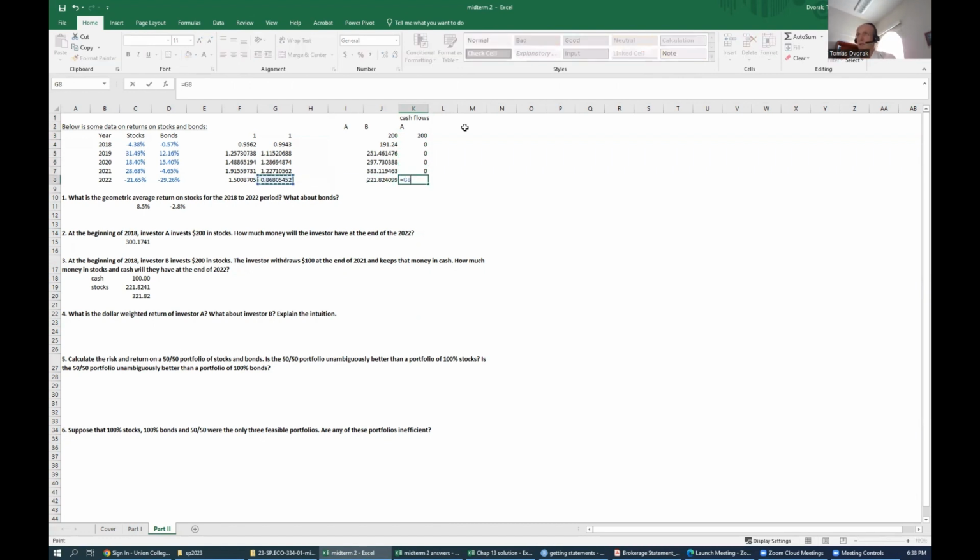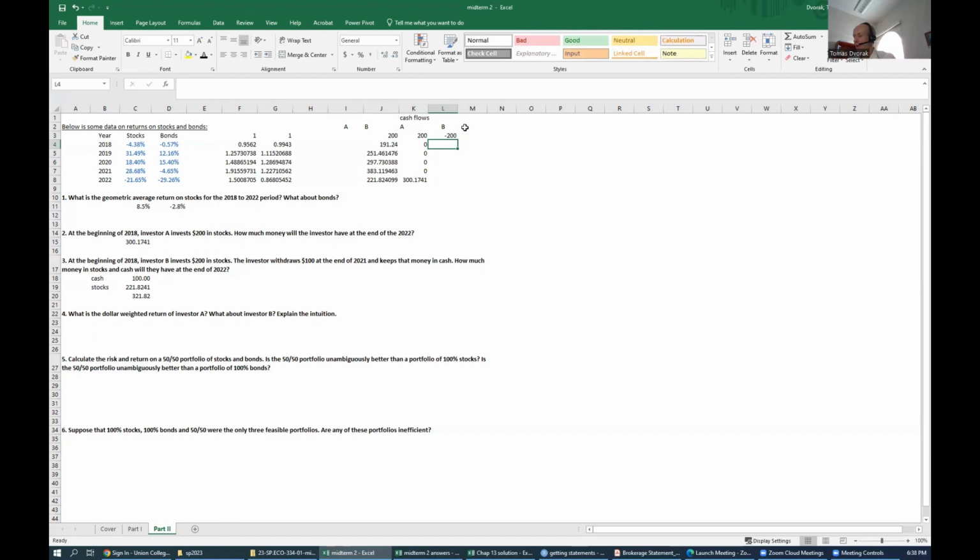Only at the end, that investor ends with $300. Investor B also starts with 200. Okay, so we should actually write it as a negative number. So we're going to say minus 200 is the cash flow.